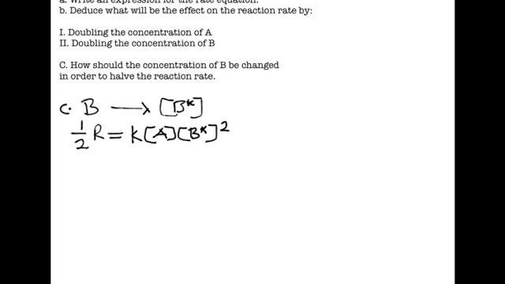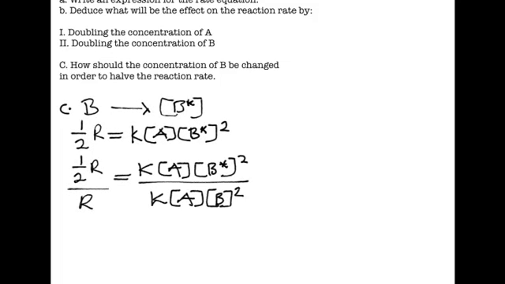Because we are halving it, that means we are dividing the rate by 2. So this is what it will look like. Let's divide this by our initial rate. So 1 out of 2 R divided by our initial rate, our half rate divided by the initial rate.